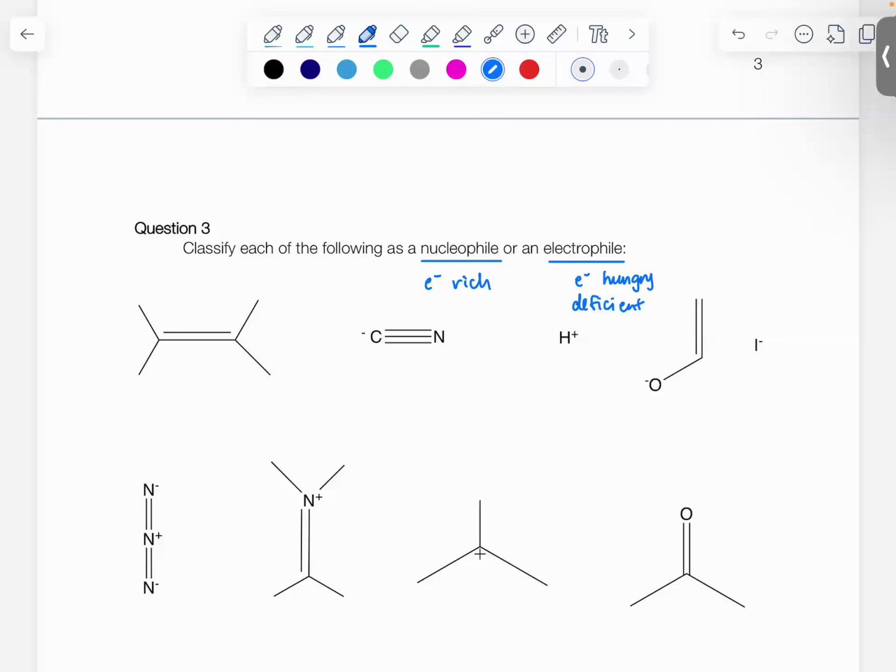And so kind of a dead giveaway for these is that if you're electron rich, you'll probably be negative, and if you're electron deficient, you'll probably be positive. So if we were to color coordinate these, we could go through quite quickly and highlight, excuse me, those that have the negative charge. And then we can go through and highlight those that have positive charge.